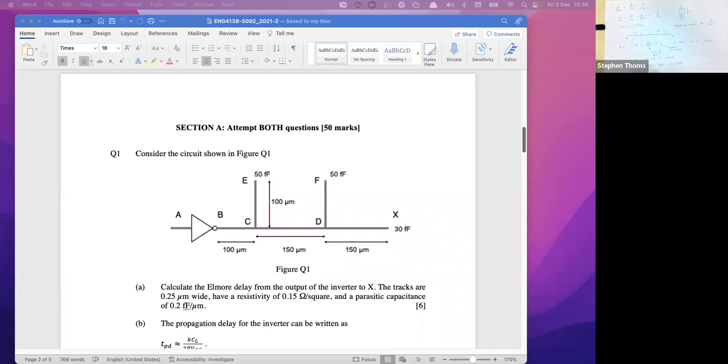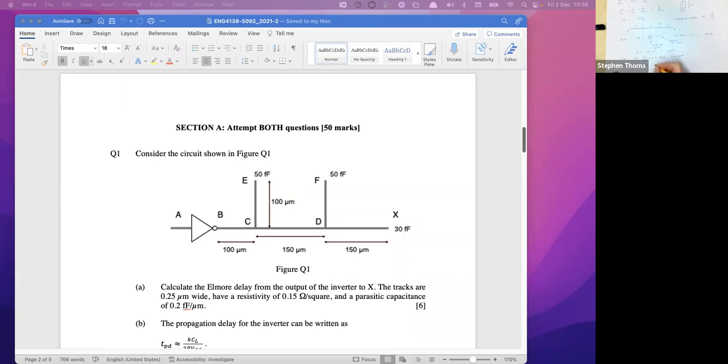And again, D to X, well, the resistance is the same length, so the resistance is going to be the same. But the capacitance now, we've also got to bear in mind the capacitance at X at the end.